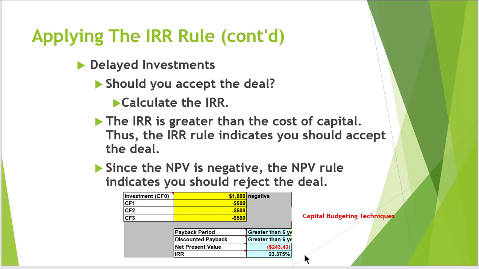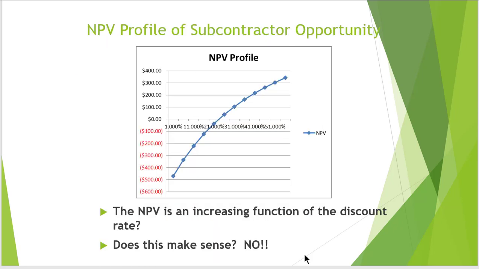So if we look at a picture in this capital budgeting techniques worksheet, there is a net present value profile that's created. And what you can see here is that in this case, it has a positive slope to it. Well, that just doesn't make sense, right?